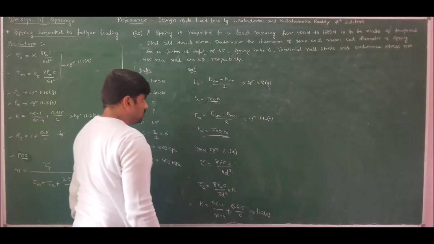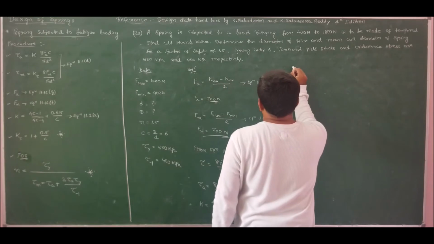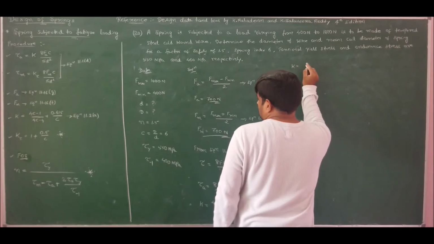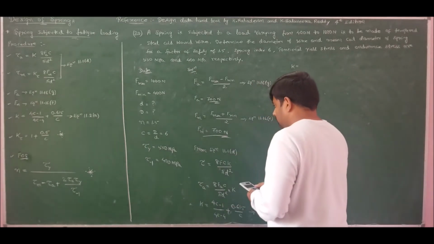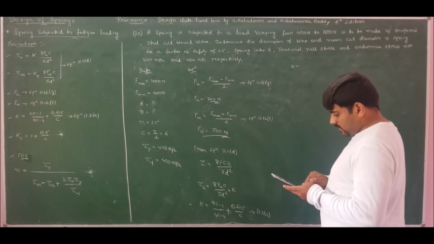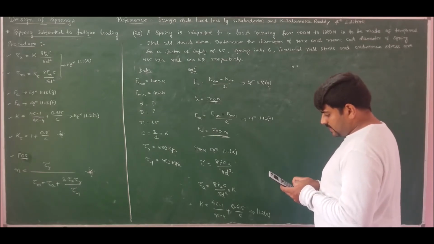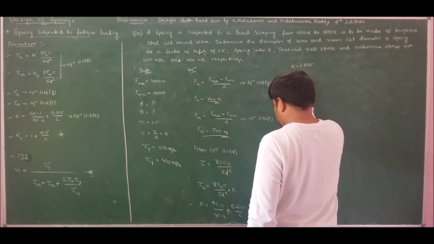People already know this. If I substitute spring index as 6, I will get 23 by 20 plus 0.615 by 6, which turns out to be 1.2525.